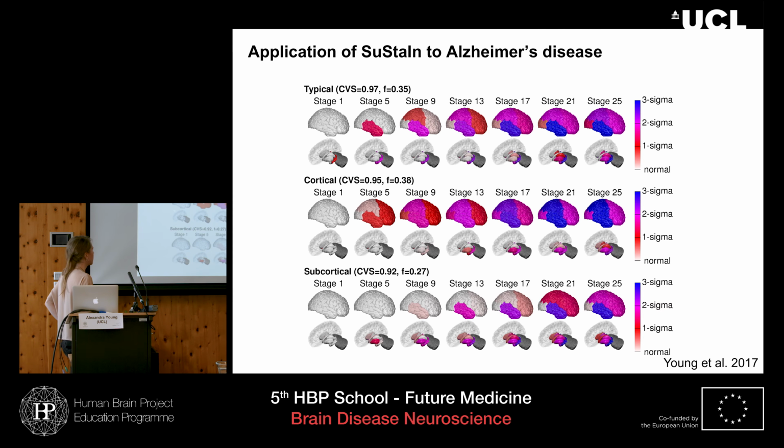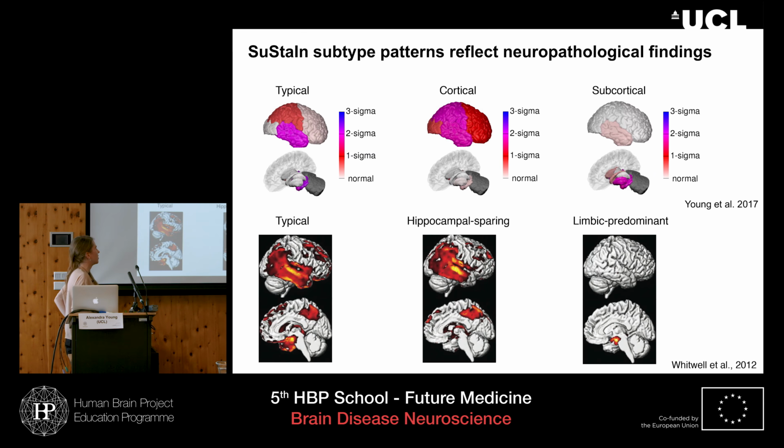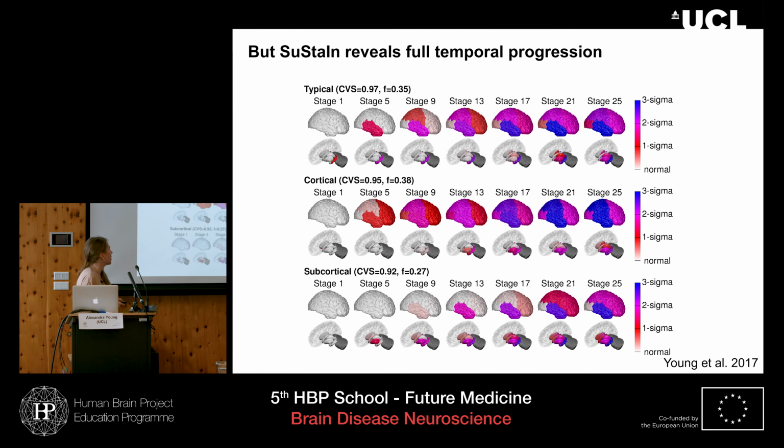Then there's a cortical subtype that tends to affect cortical regions earlier in the progression, and a subcortical subtype that generally affects subcortical structures more severely. These subtype patterns reflect nicely with neuropathological findings. The typical, cortical and subcortical subtypes correspond to the typical, hippocampal sparing and limbic predominant subtypes that have been observed at autopsy. But the nice thing about this type of progression model is that you get the full temporal progression, so you can stage individuals as well as subtyping them.